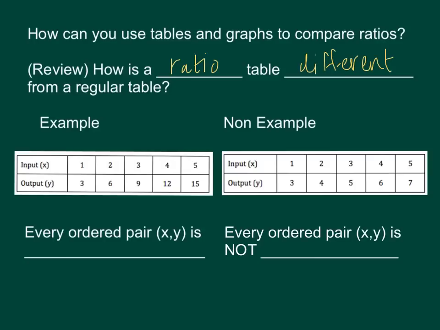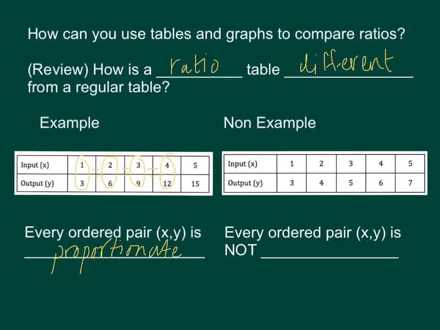This is a review. In our ratio table example, we can see that 1/3 is equal to 2/6, which is equal to 3/9, which is equal to 4/12. Every ordered pair is proportionate. That means they are equivalent.